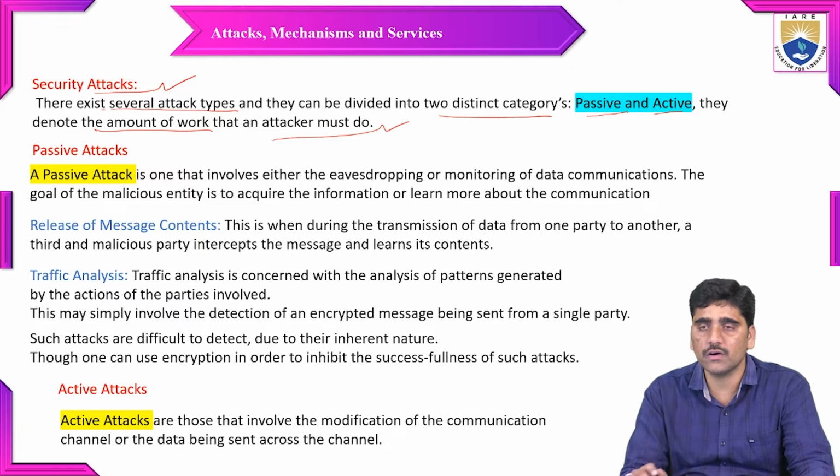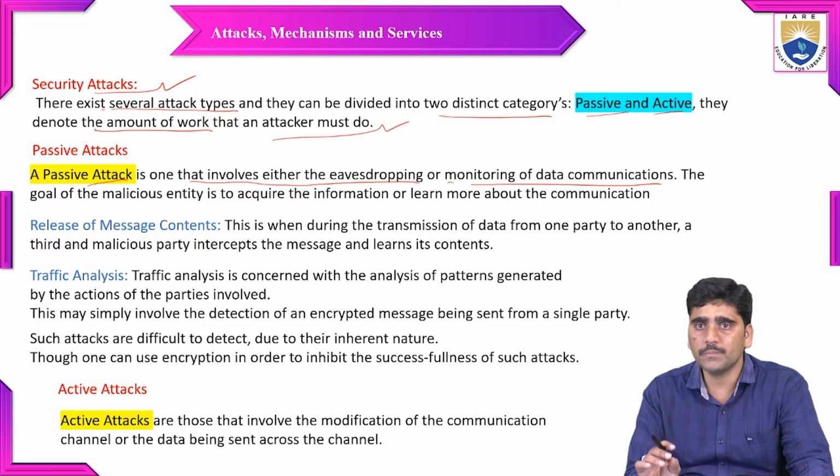So the first one is passive attacks. A passive attack involves either eavesdropping or monitoring of data communication. He doesn't actively participate in modifying the data. He just sees the data, how it is monitored and how it flows from source to destination.